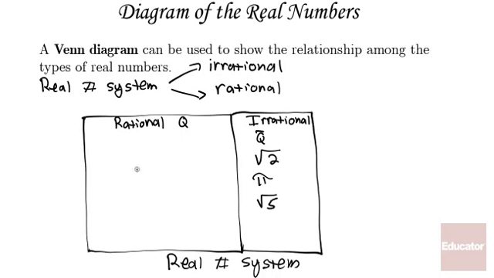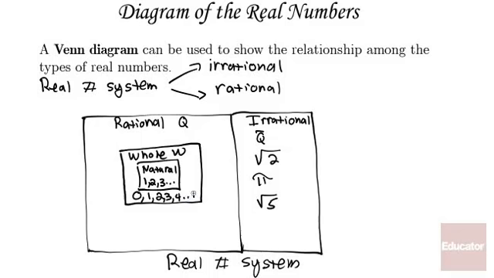There's a slightly bigger set of numbers known as the whole numbers. The whole numbers include the natural numbers. So this square is around the natural numbers because it includes all those. And it also includes 0. So we add 0 to this set and on. Does not include negative numbers.